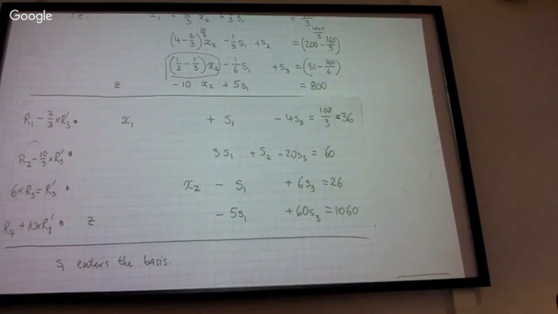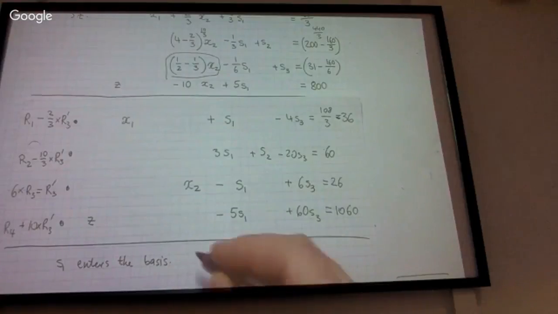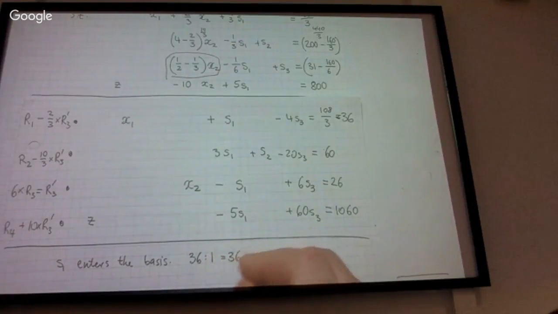S2. Okay, so we have ratios: 36 divided by 1, that's 36. Then we have 60 divided by 3, that's 20.